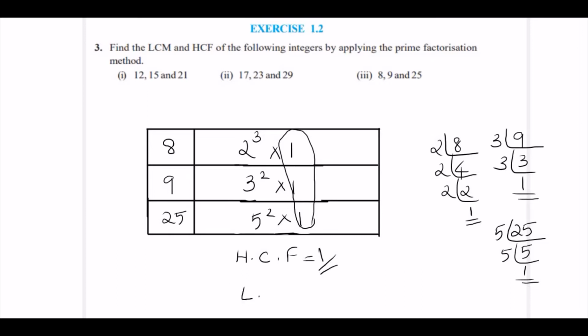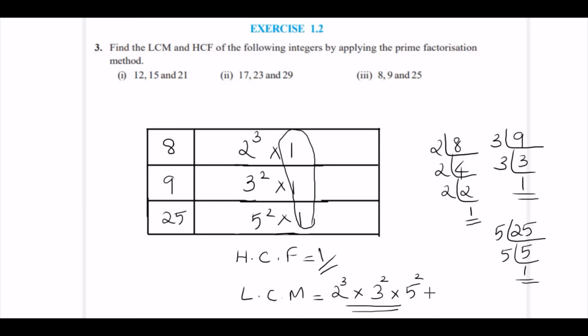Now the LCM is the product of all the involved factors, and among the involved factors, the greatest power. So here 2, 3 and 5 are the factors, and the greatest power is 2 cube, 3 square and 5 square.